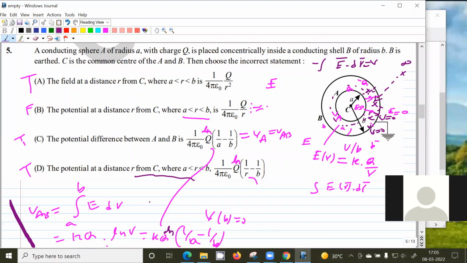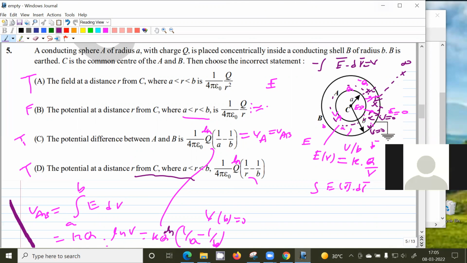It's 1 by R only. There is no law. See, this electric field is 1 by R square, no. All silly mistakes. The electric field is 1 by R square. Okay. So it is 1 by R only. There is no law.